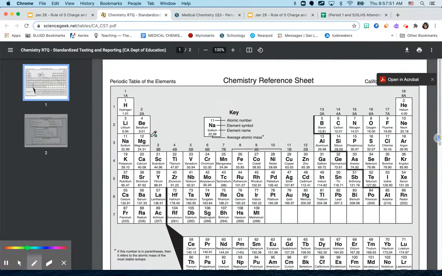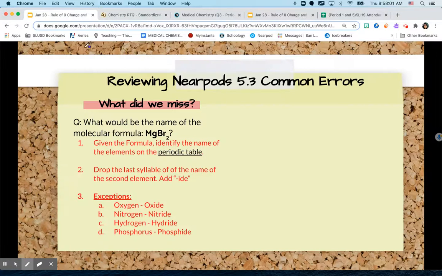Mg is called magnesium, and Br is called bromine. When I write their names together, Mg, after I looked it up, is magnesium. And Br2, I'm going to ignore the 2.